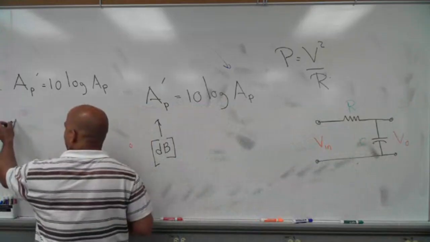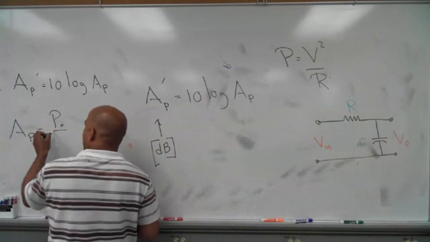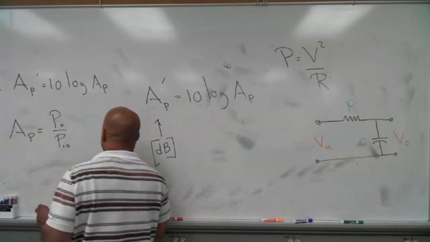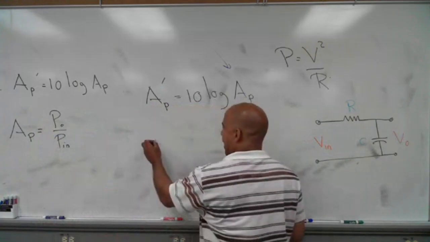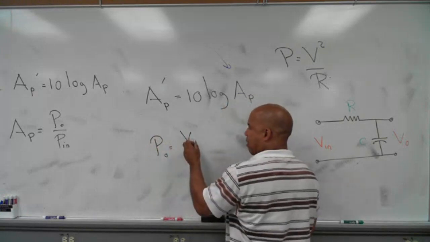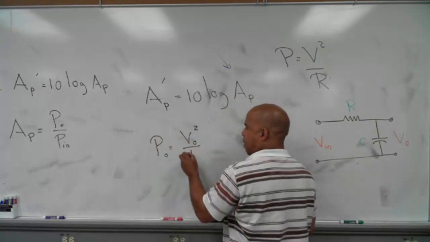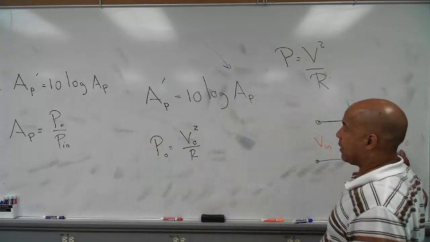since I know that AP is equal to P out over P in, then that P out will really be V out squared over R. That's how we'll calculate P out in this circuit.